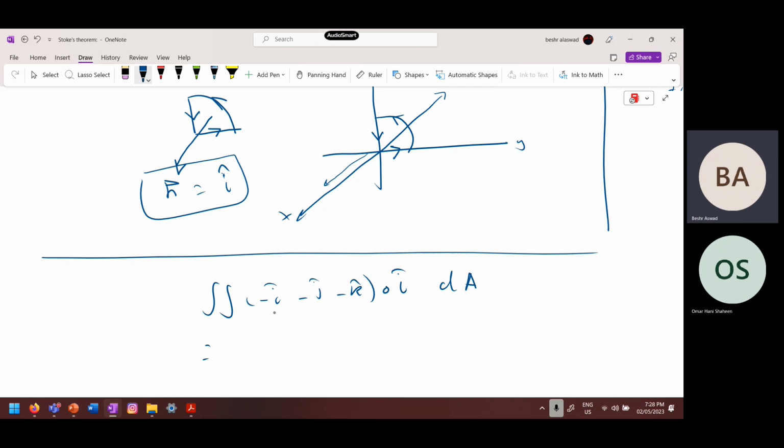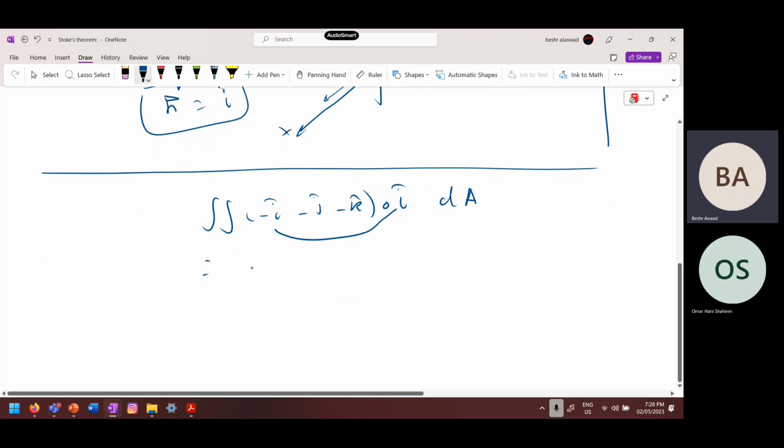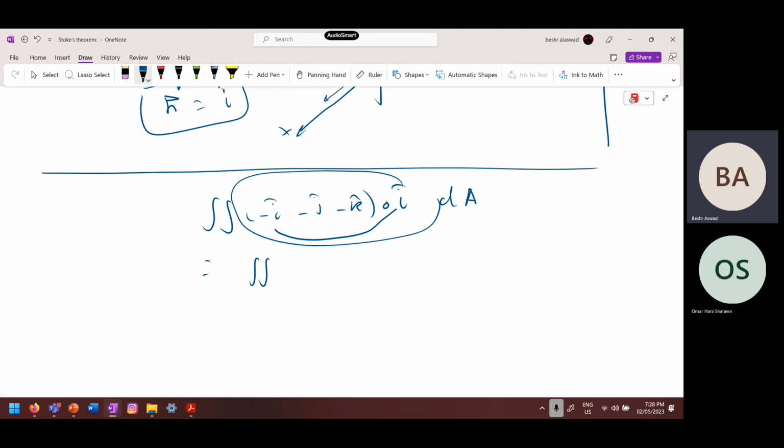We know by solving the dot product that the i goes with the i, j with the j, k with the k, since we don't have j and k, that's basically multiplying with 0. So the double integration is just negative 1 dA. And again, the double integration of dA is just the area, so we'll get negative A.